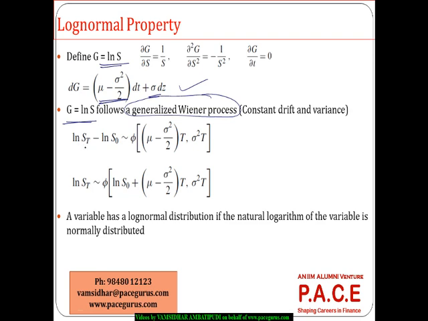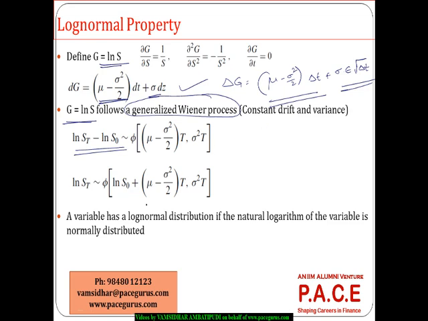And if you start looking at the integration of it, log st minus log s0 follows a normal distribution, because delta g, I'll write it as mu minus sigma squared by 2 delta t plus sigma epsilon square root of delta t. So log st minus log s0, the change, follows a normal distribution with a mean of mu minus sigma squared by 2 times t, variance sigma squared times t.